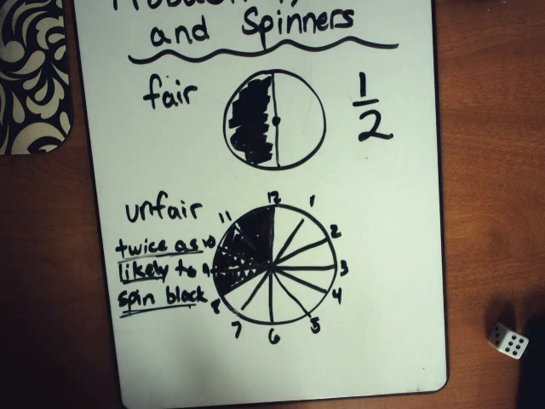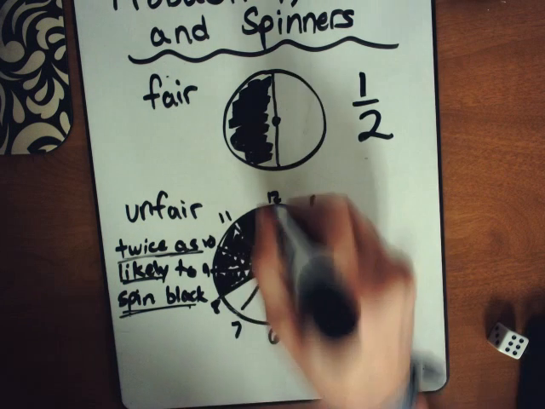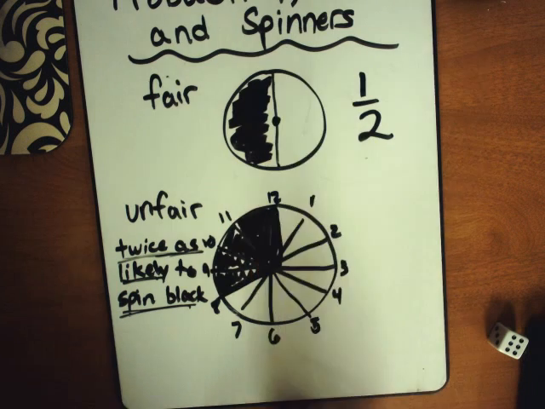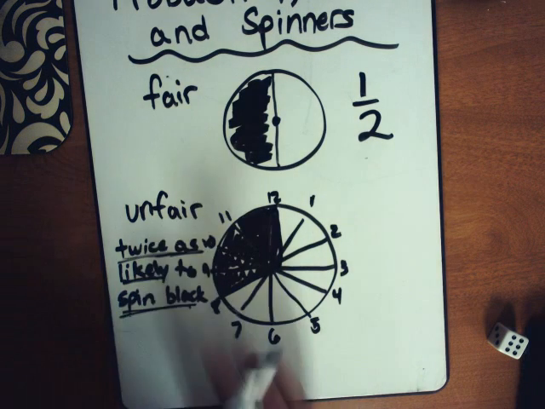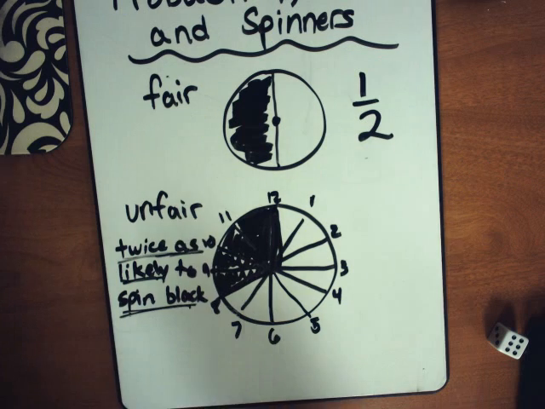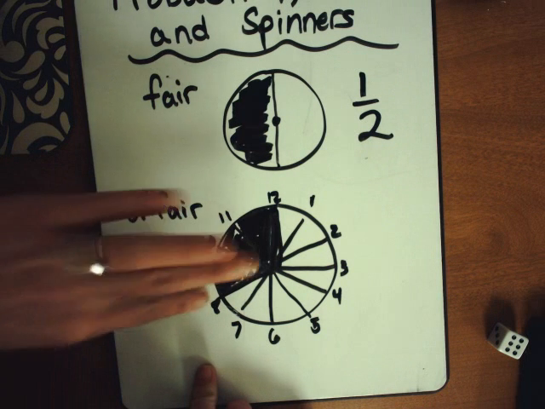So in this particular case, I've got 1/3 of my spinner, because 1/3 of 12 is 4, right? 1/3 of my spinner is black, so it's twice as likely to spin white.